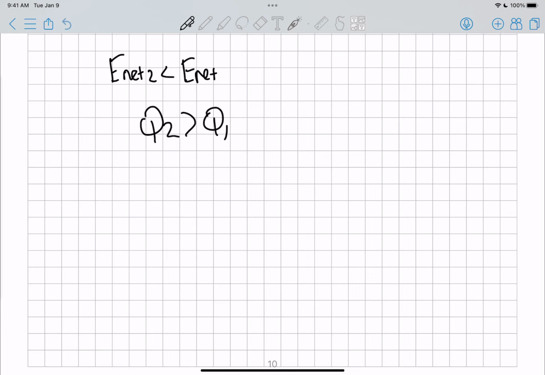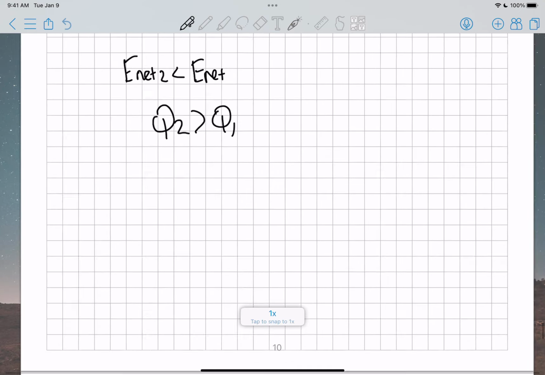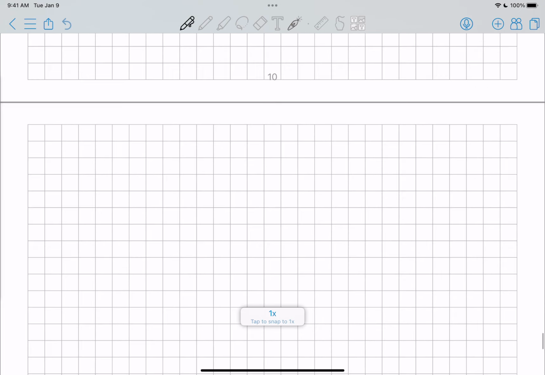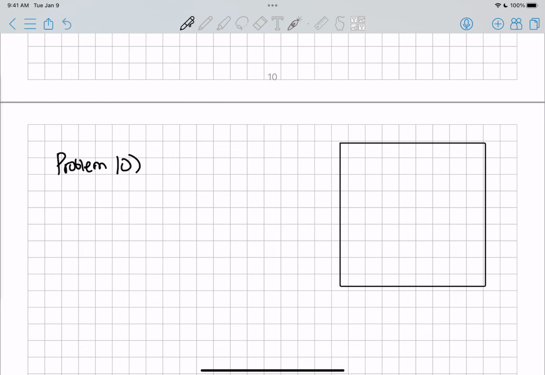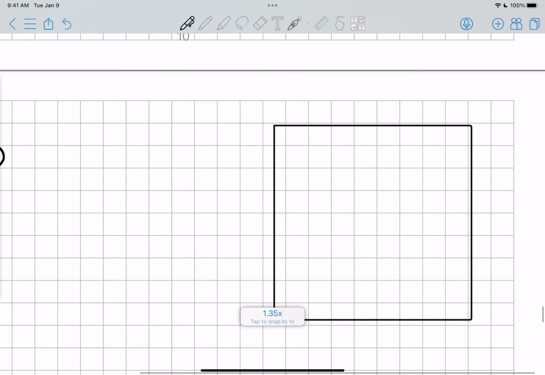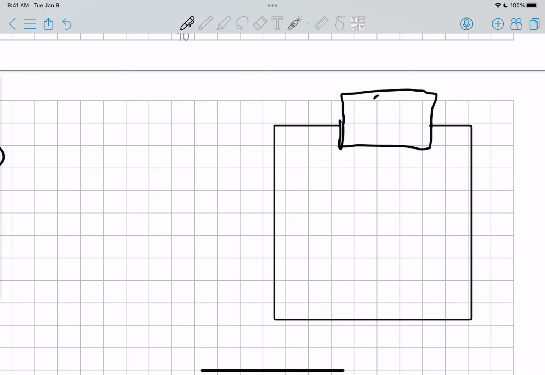Problem 10 is some circuits, some resistors here. So this is R2.